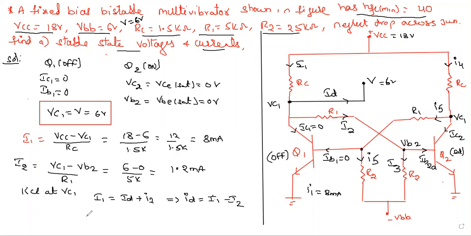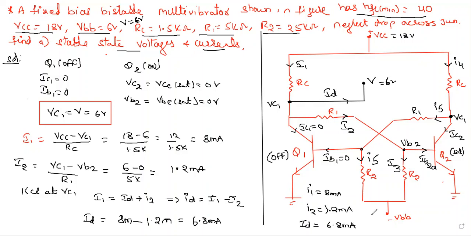So the current ID is equal to I1, 8 milliamps, minus I2, 1.2 milliamps. So it is approximately equal to 6.8 milliamps. So I2 is 1.2 milliamps, and the value of the current ID is 6.8 milliamps.